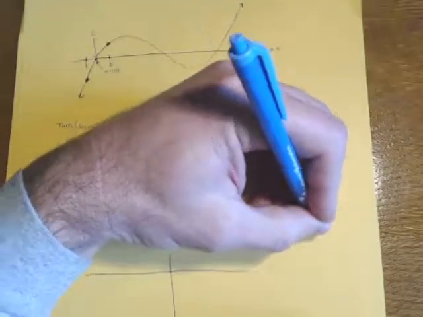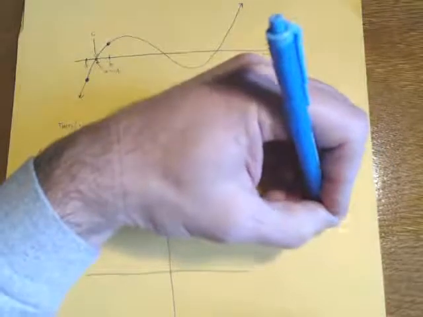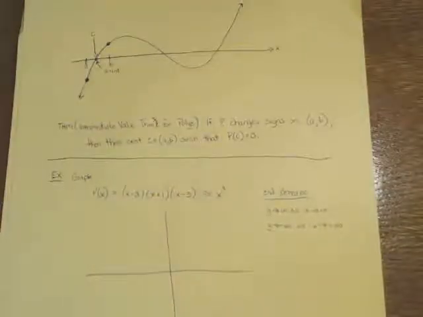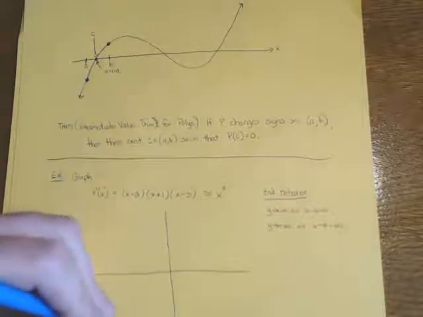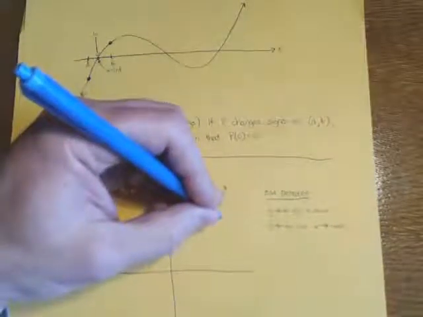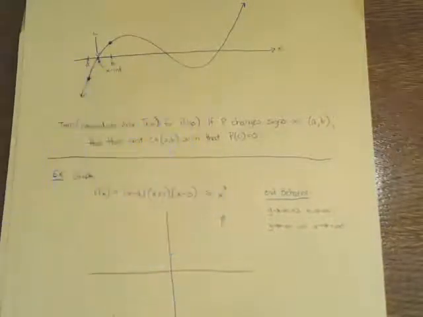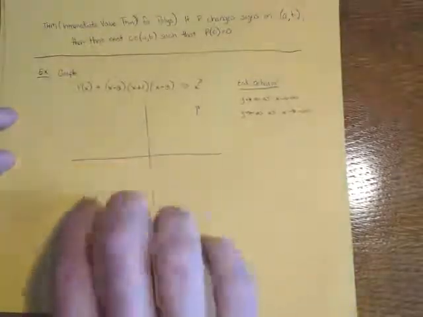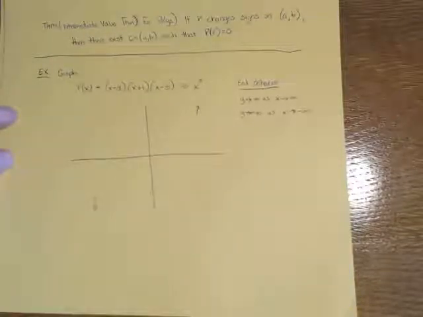Y goes to negative infinity as x goes to negative infinity. And that's just a fancy way of writing this notation. Whoops, you can't see what I drew there, but I drew this. Okay. So it has that end behavior like a cubic function.